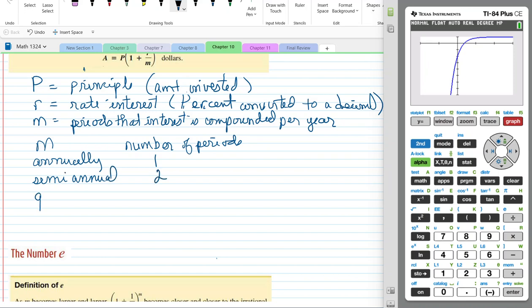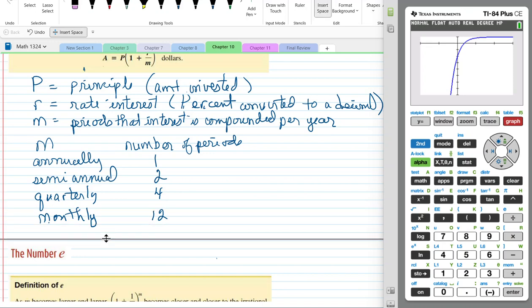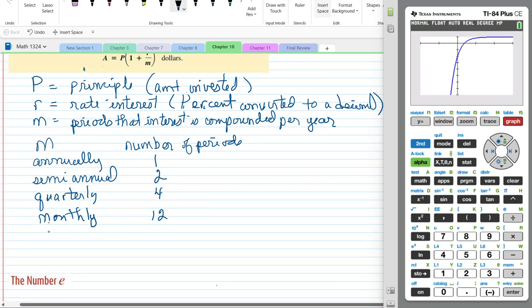Quarterly is the more normal. It's 4. Monthly, this one is done on payments for ease of calculation of interest that you owe them. Monthly is 12, because there's 12 months in the year. And continuous is E.